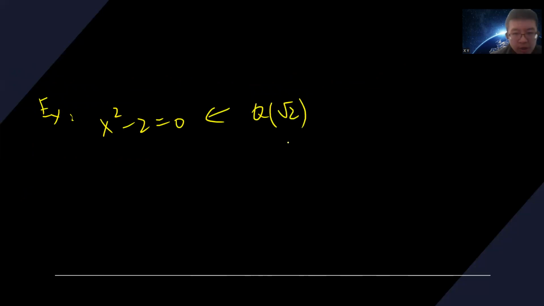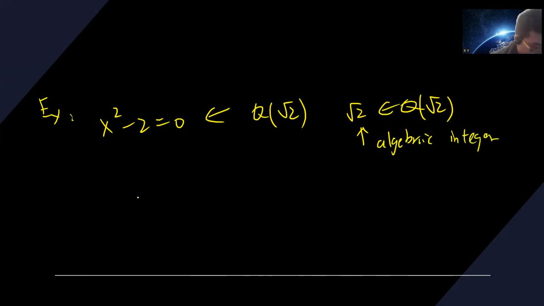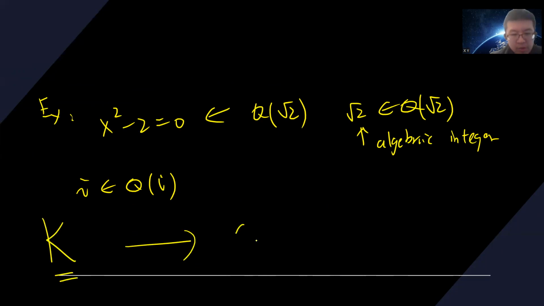Because you can take Q adjoined the square root of 2, and obviously the square root of 2 is in Q(square root of 2). This guy is an algebraic integer. Okay, and also i in Q adjoined i is also an algebraic integer. So usually the notation, if we have the number field K, then we will use O_K to be the algebraic integers in K. So it's the set of algebraic integers.